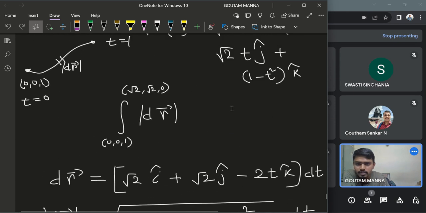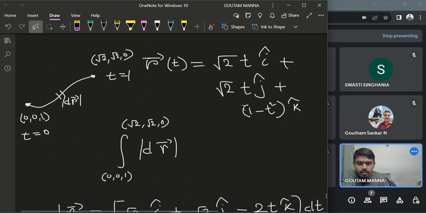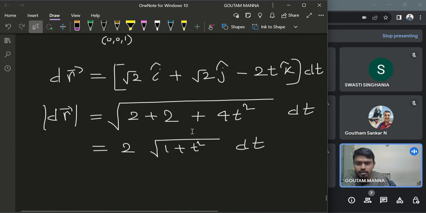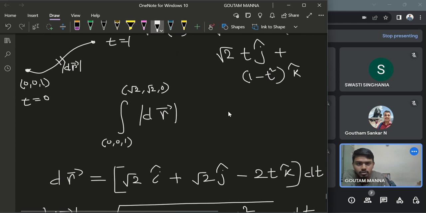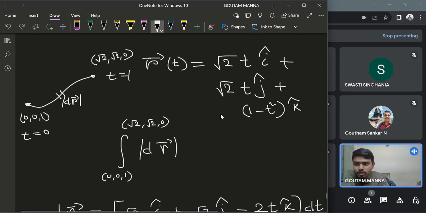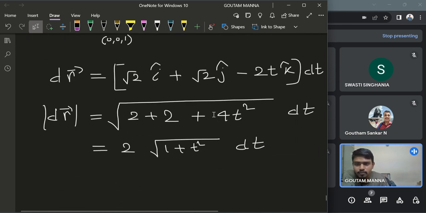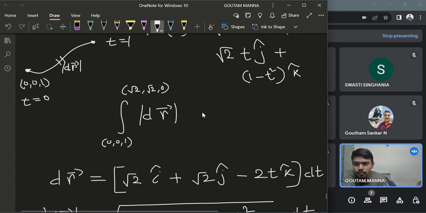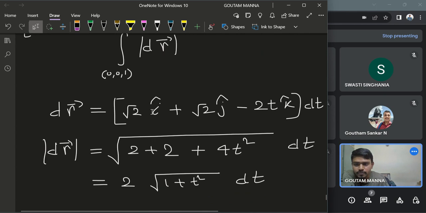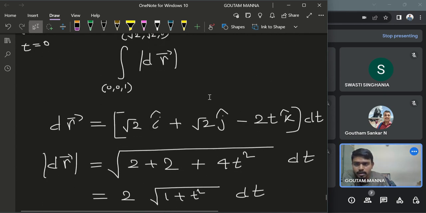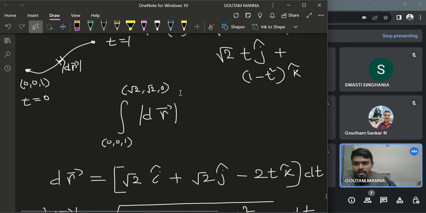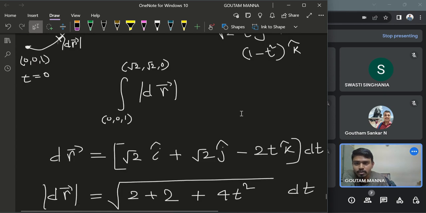So what does this quantity mean? If you are changing t, you are moving along this curve, and at some point t, if you are asked to find the infinitesimal length, this is the quantity mod dr. Then you need to integrate it from this point to that point.